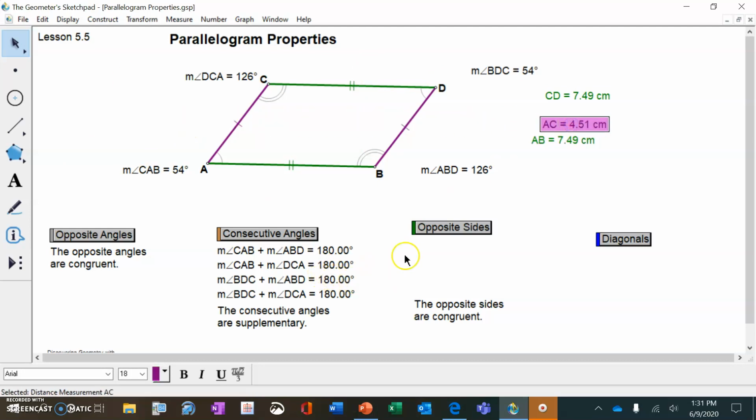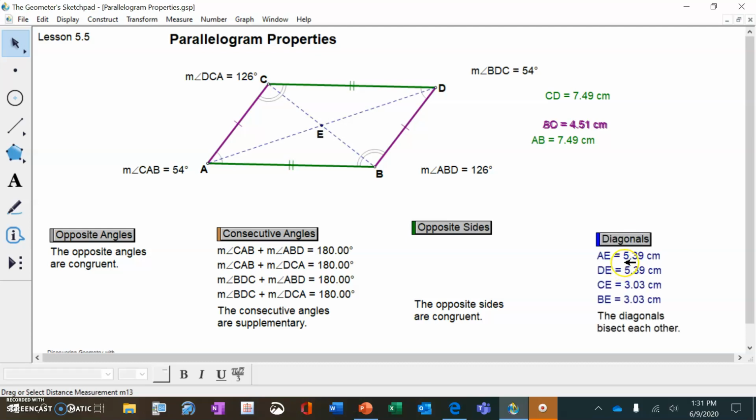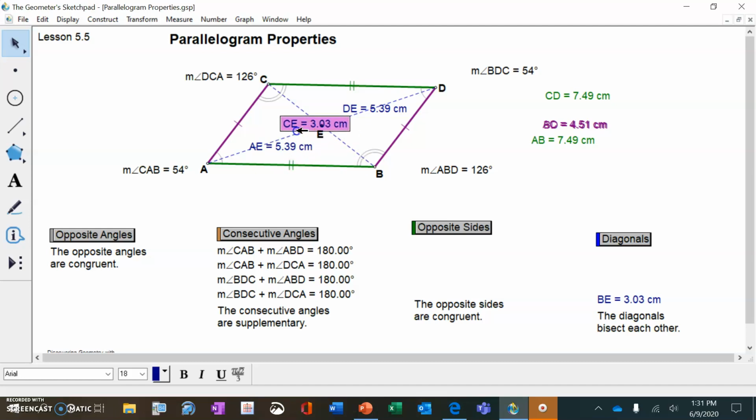Okay, and the last conjecture, diagonals. So AE, this little piece here, is 5.39, and DE is 5.39. CE goes from here to here, that's 3.03, and BE is 3.03. So the diagonals of a parallelogram, 3.03, 3.03, bisect each other.